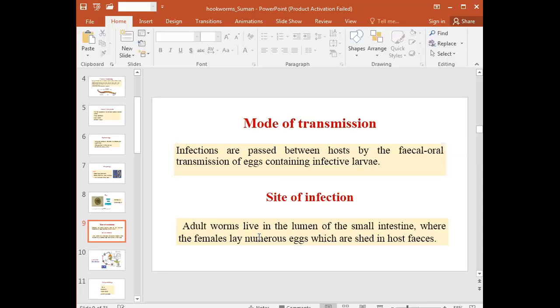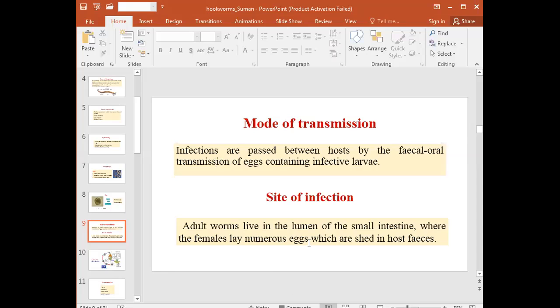A similar species occurs in pigs, especially in developing countries with free-ranging villages. And modern husbandry practices in developed countries have resulted in a significant decline in the incidence of infections in pigs.